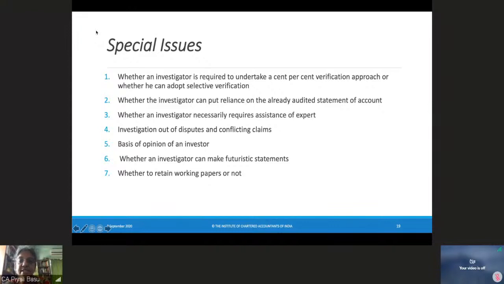Whether an investigator necessarily requires the assistance of an expert again depends on the situation. For example, if it is related to some cyber crime, or to some plant and machinery that has been damaged and you really don't know how this has happened, you cannot find out the replacement cost, or whether it is beyond repair, completely obsolete, or can undergo some repairs and be brought back to life again.